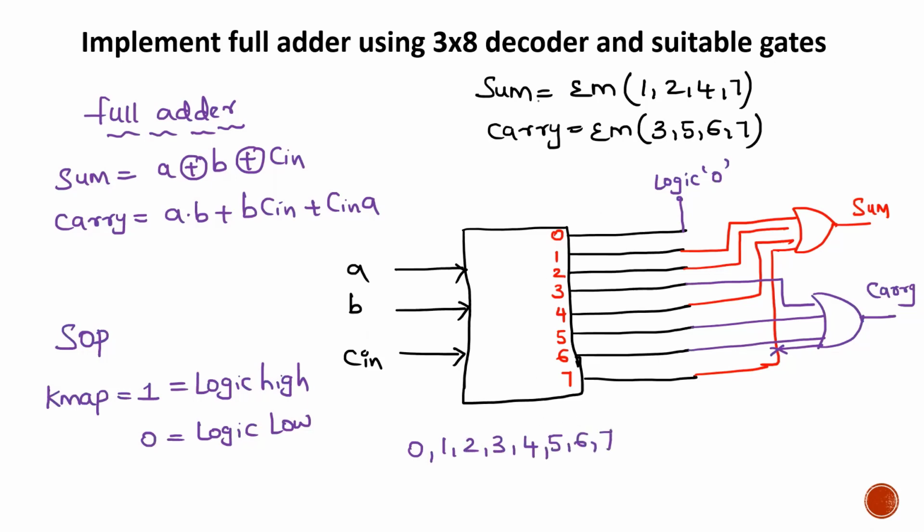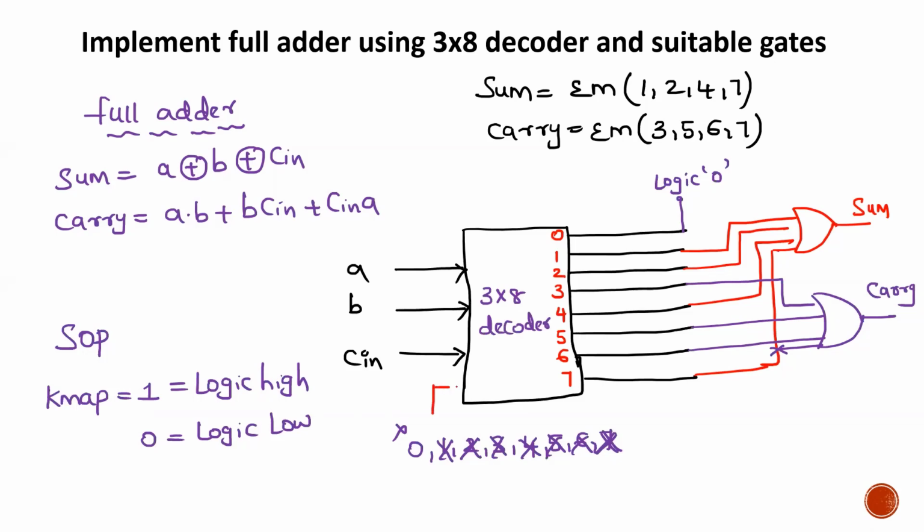Among this, if you observe in sum, 1, 2, 4, 7 is done. And for carry 3, 5, 6, and 7. So almost everything is covered except 0. So that's why the 0 should be connected to logic 0. So this is how we need to implement full adder by using 3x8 decoder.